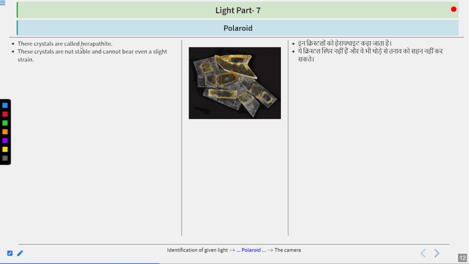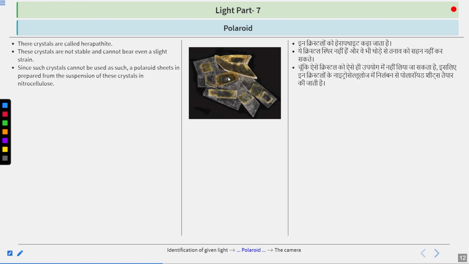These crystals are actually not stable and couldn't bear even a slight strain, which means that if they get struck with anything, they will break easily. Since such crystals couldn't be used as such, a Polaroid sheet is prepared from a suspension of these crystals in nitrocellulose. So what we do? We suspend these crystals in the nitrocellulose.